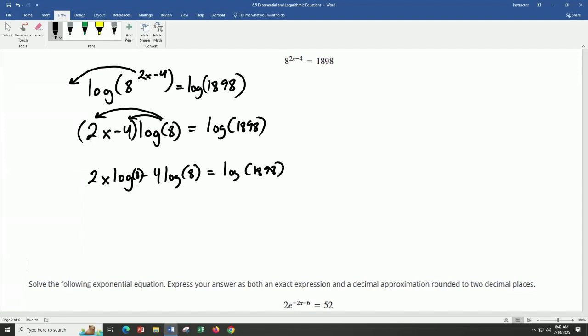The goal is to get what by itself? Get x by itself. Watch what I'm about to do. Notice I have 2x log 8 minus 4 log 8 equals log 1898. That's a lot of logs. How about I add 4 log 8 to both sides?